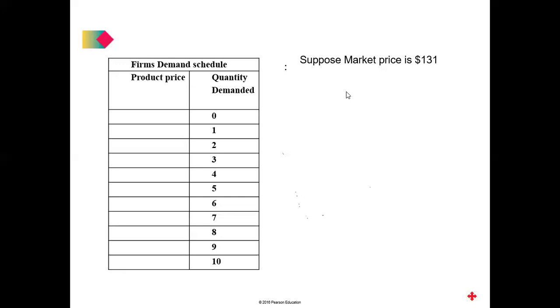In this case, the market price is 131, so we can fill this column by writing 131. This price stays the same for all the different levels of quantity demanded.